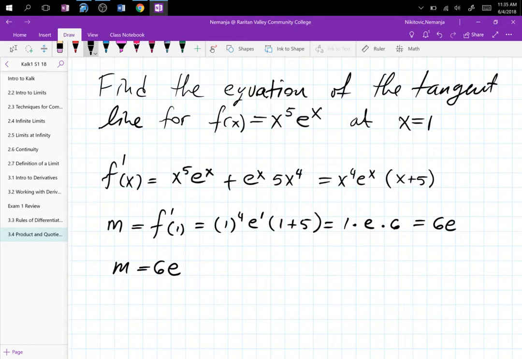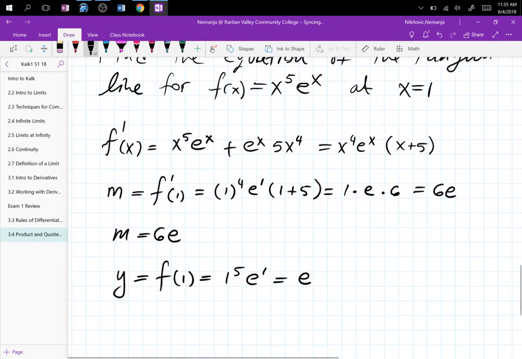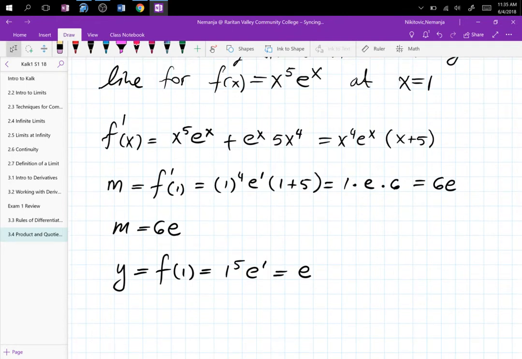Now, I will find y by plugging in 1 into the original equation, right? Because the original equation is y equals f of x, and x is 1. So I have 1 to the 5 times e to the 1, and it's just e. So now I have everything I need. I have the slope, and I have a point, 1 and e. That's an x and a y.